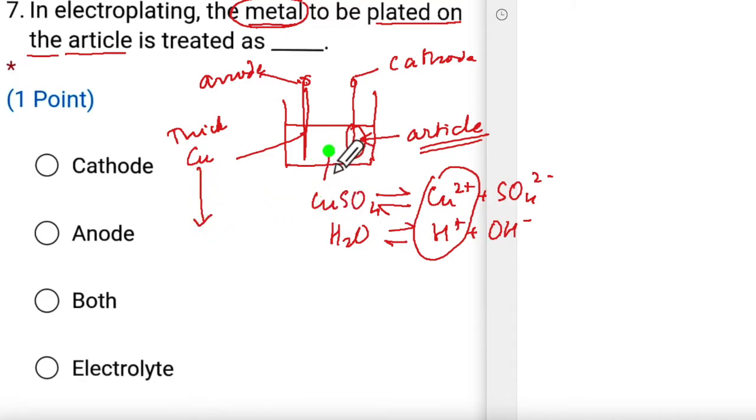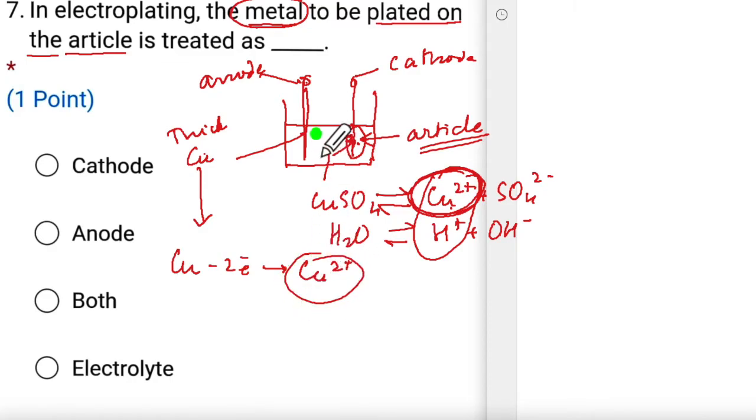Because as the solution is going to decrease in Cu2+ ions because they are getting discharged here, this copper is going to lose 2 electrons and become Cu2+. This is going to go into the solution, replacing this Cu2+ which is deposited at the cathode. So the metal to be plated on the article is the anode, and the option is this.